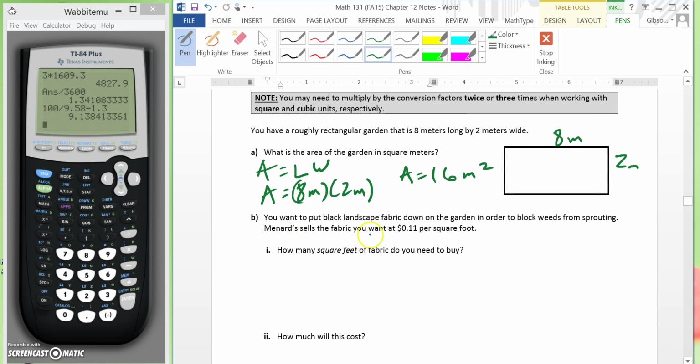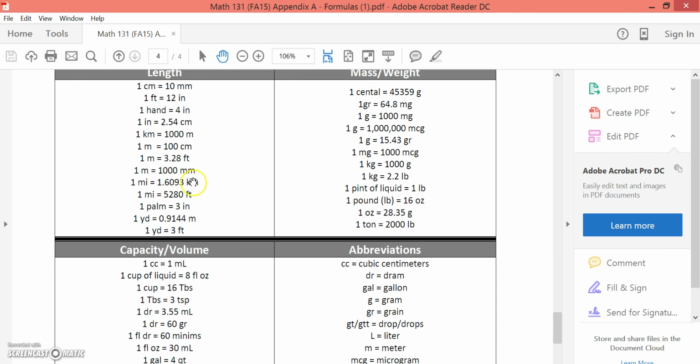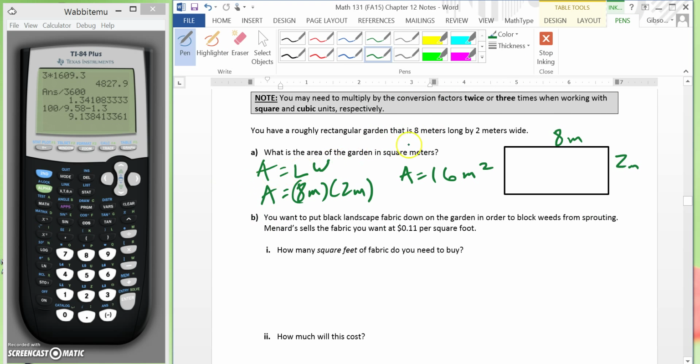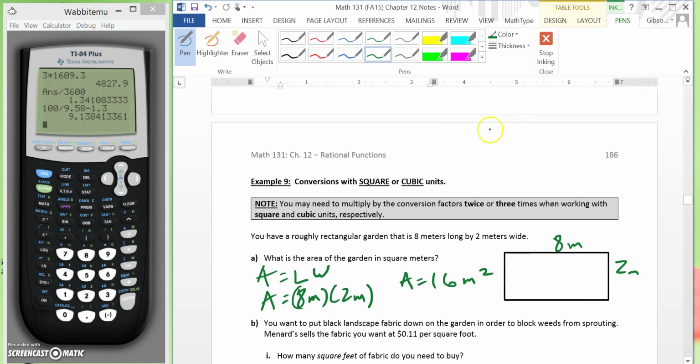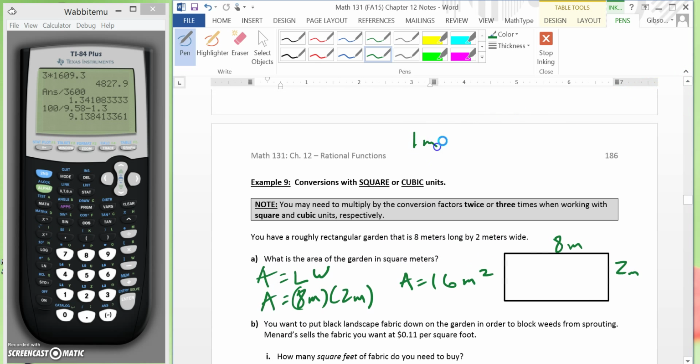Okay, so now what we need to do is look at our chart. And if we look here, we do have meters to feet. So remember, we want it to be square feet, so we would have to square both sides. I have 1 meter equals 3.28 feet.